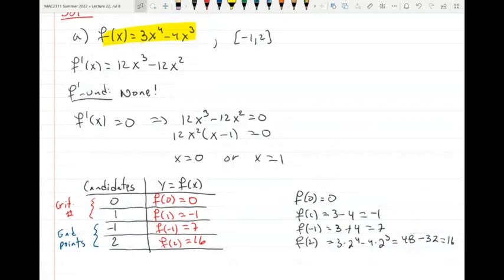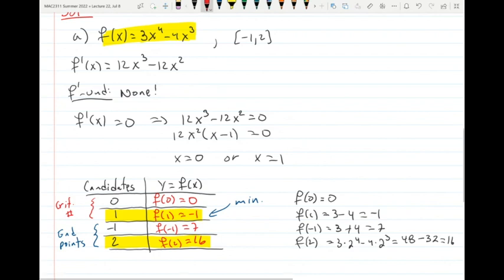Okay, so with this information, we look at it and see that right here this is the lowest value, so we have found a minimum. And right here, this is the highest value, so we found a maximum.